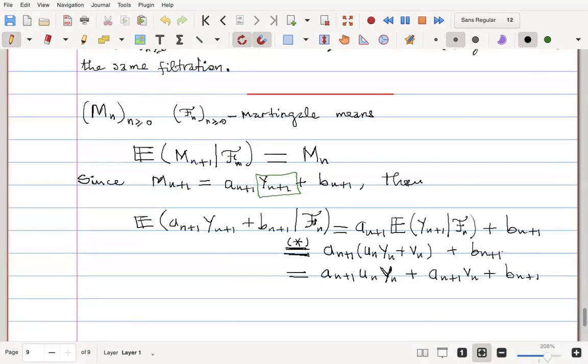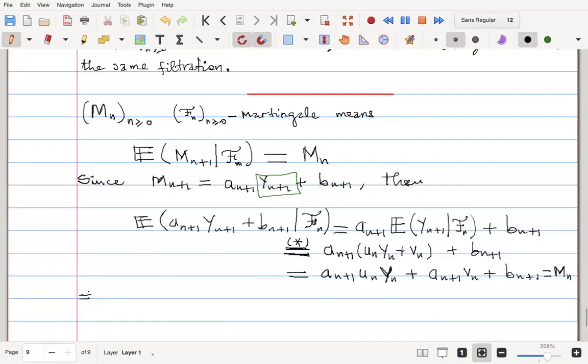And what do we want this to be equal to? Because remember that the left-hand side is this expression, M being a martingale. So we will equate this expression with M_n. And what is M_n? Okay, let me write it here. So this is M_n. Right?